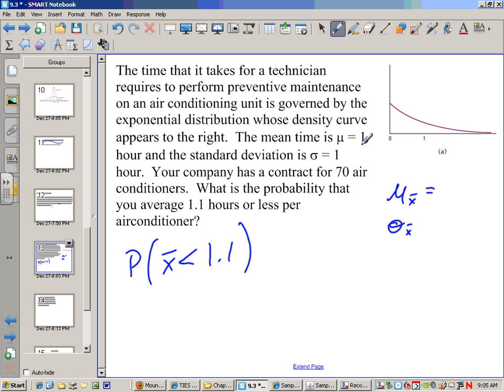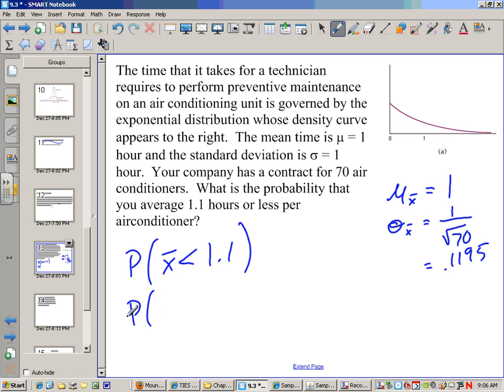The mean of x bar is the mean of the function, which is 1. The standard deviation of x bar is my standard deviation divided by the square root of n. So 1 divided by the square root of 70 is 0.1195. So about 0.12 would be the standard deviation.